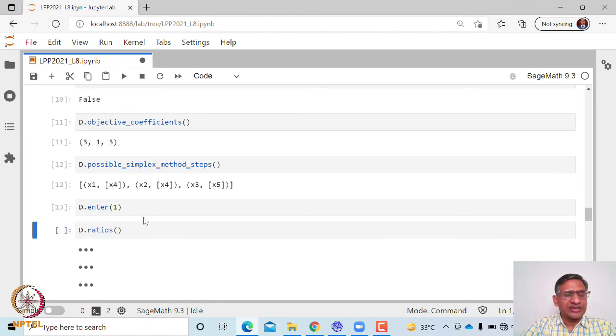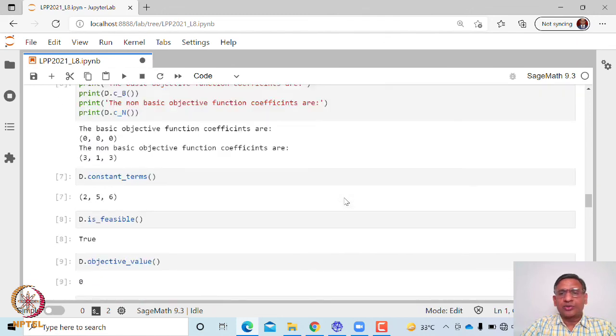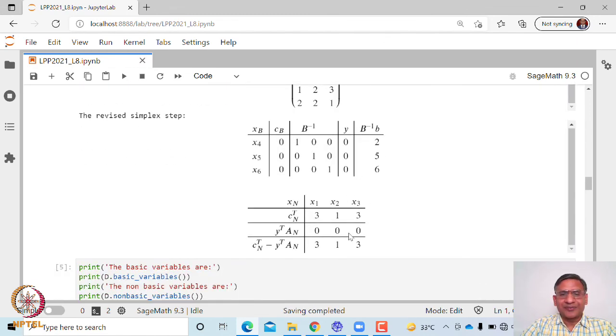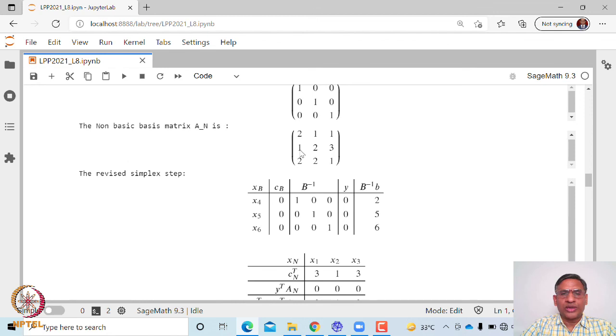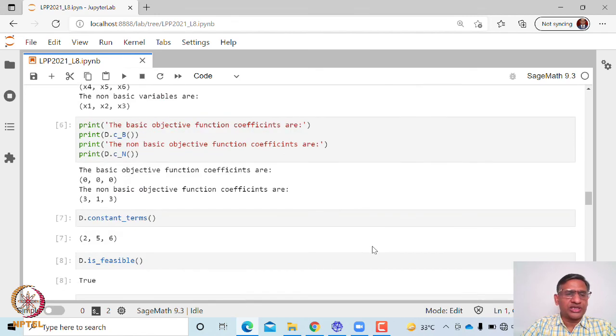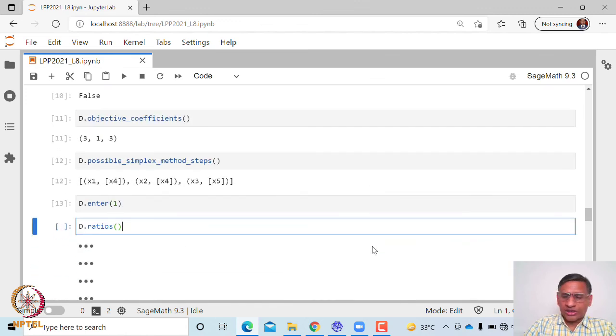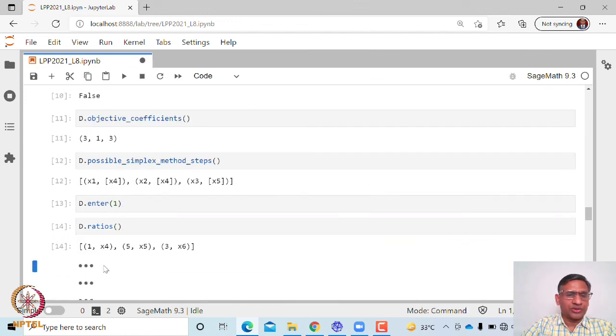Once you have decided the entering variable, it will also give you the ratios. The x1 coefficients are 2, 1, 2, and the right hand sides are 2, 5, 6. So the ratios are 2 by 2 is 1, 5 by 1 is 5, 6 by 2 is 3.